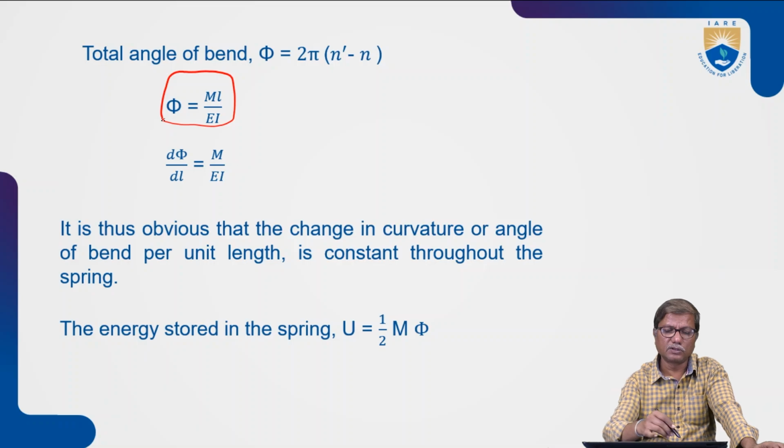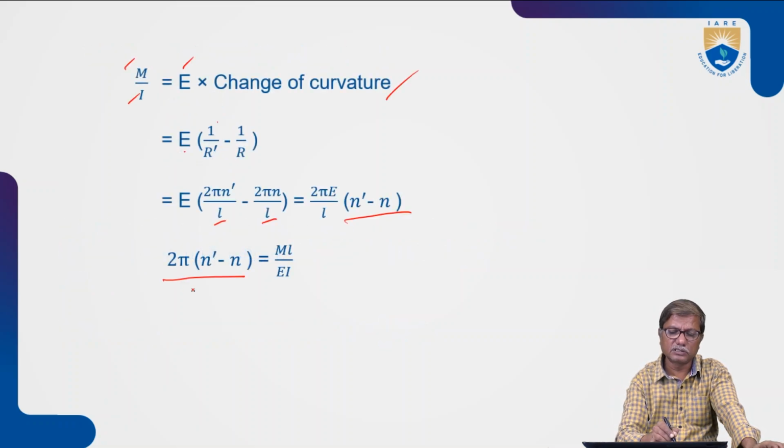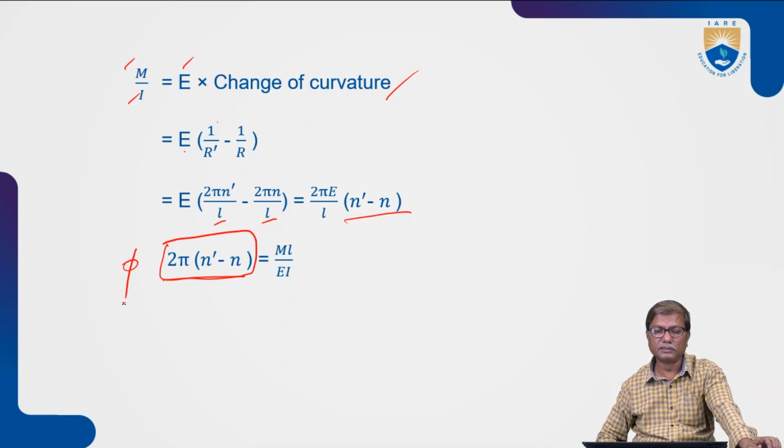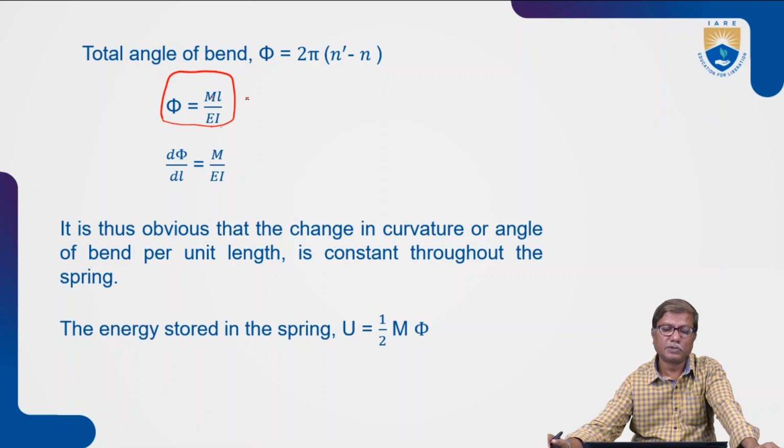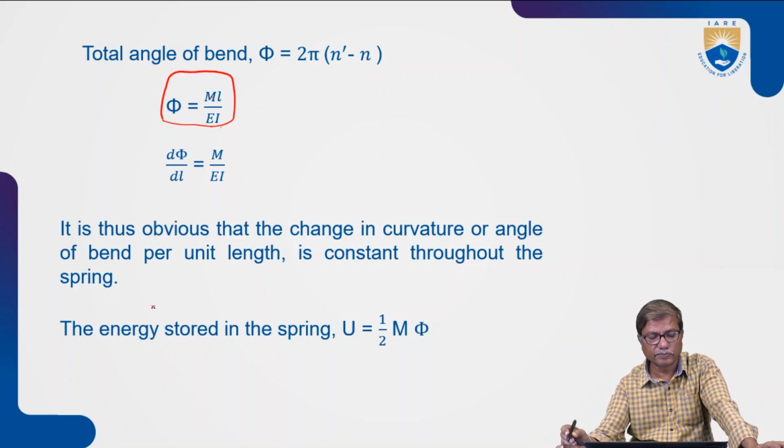This is the relation we have now from this equation. Here this is nothing but phi, the total angle of bend, and the derivative d phi by dl is equal to m by ei.